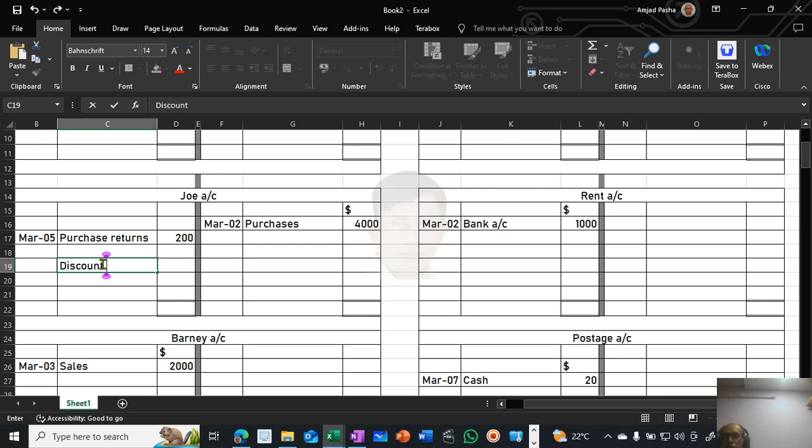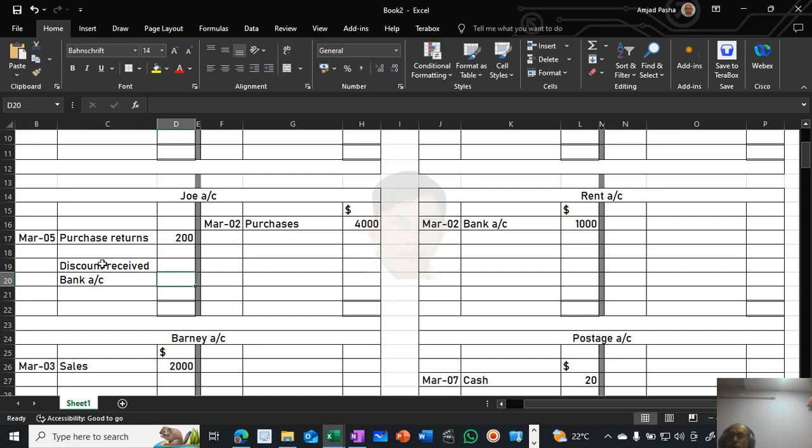Discount received, and you have paid money through bank account. So bank account is 3610. 190 is the discount received.